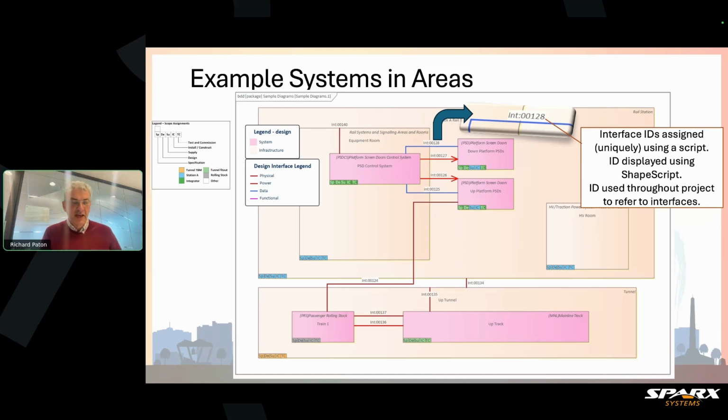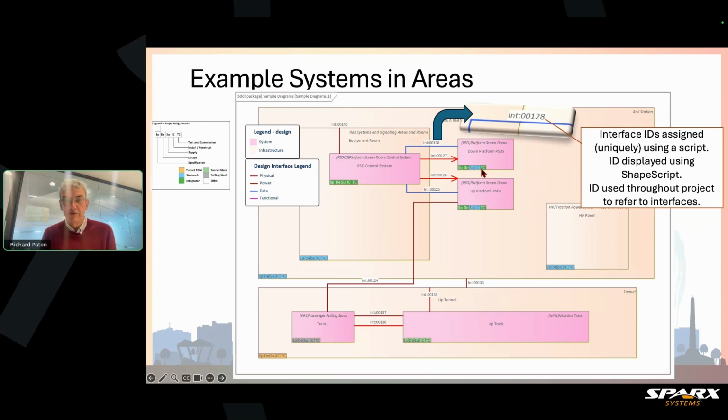So this is an example of the use of systems and locations. So here we've got a load of systems. We've got some rooms. We've got some in the rail stations. We've got some various systems.